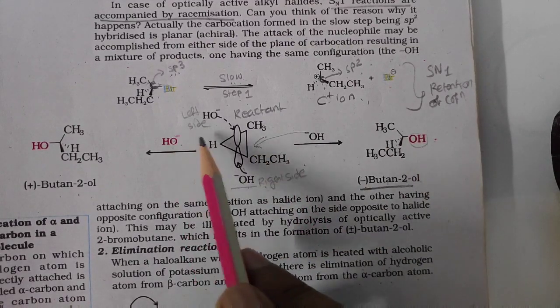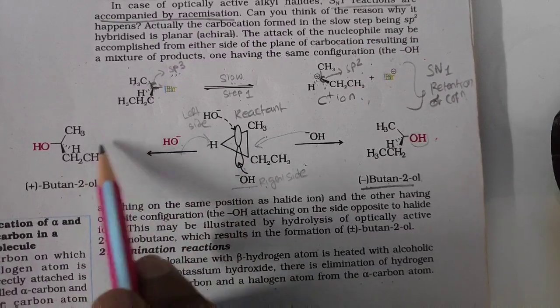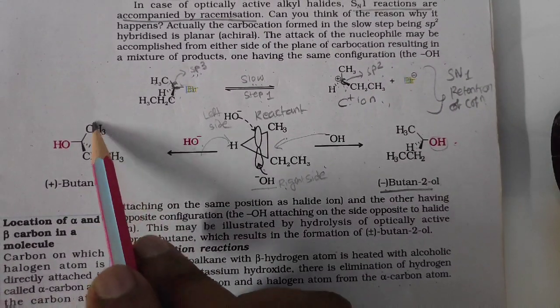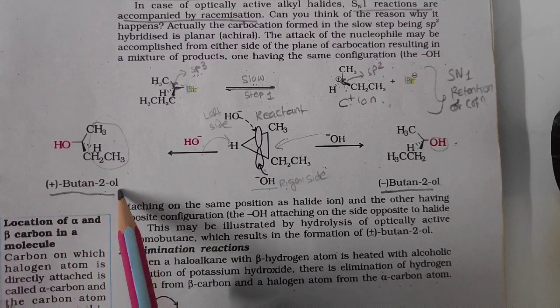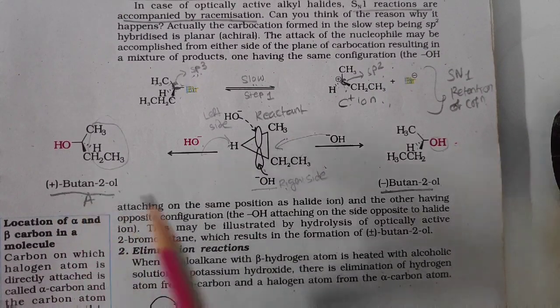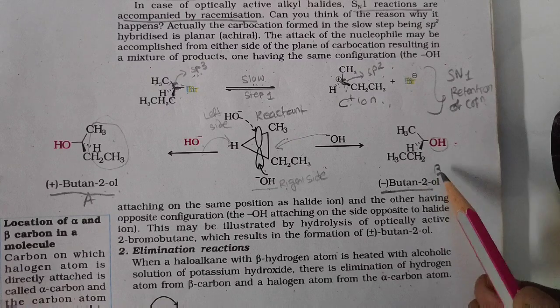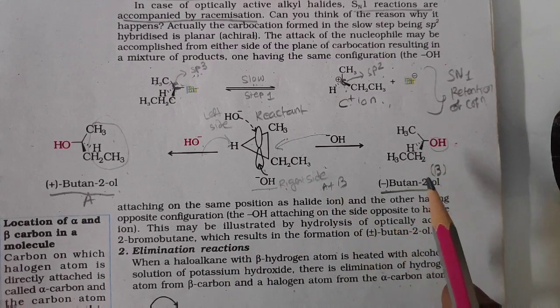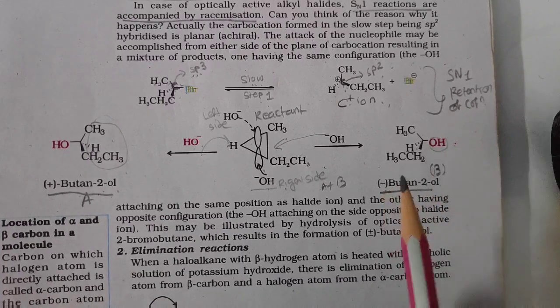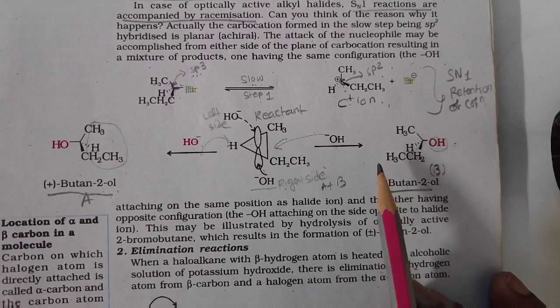And in this case, the OH has attacked from either side. If you see here, all these groups are on the same side. So this is butan-2-ol, right? If I mix this structure A and this compound B, A plus B, what will you get? You will get a racemic mixture, right? So this was the topic I wanted to discuss from your textbook.